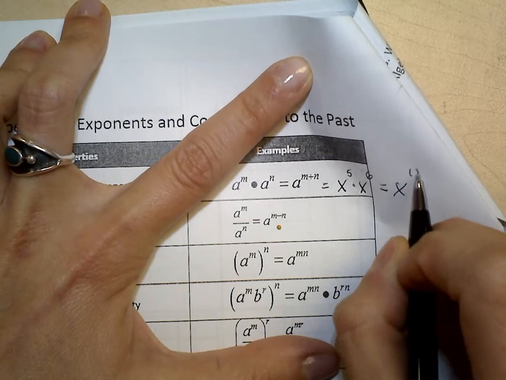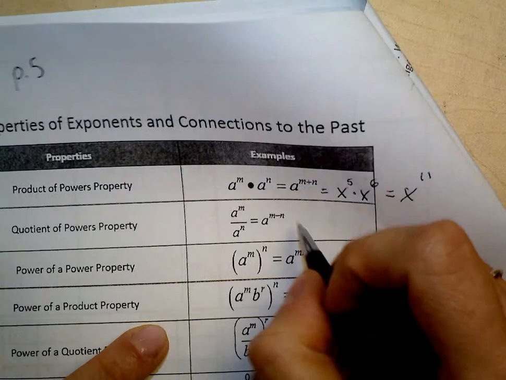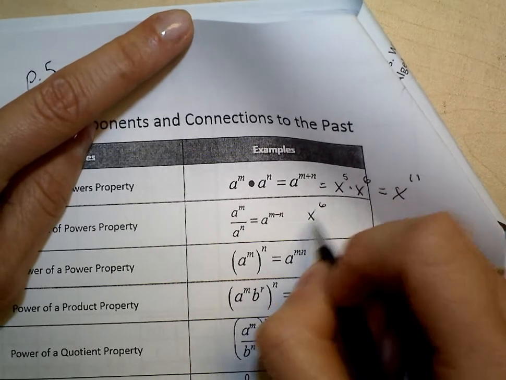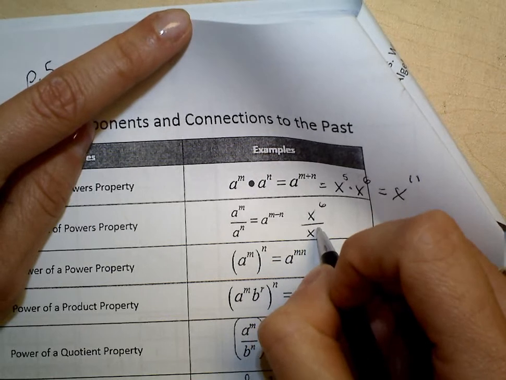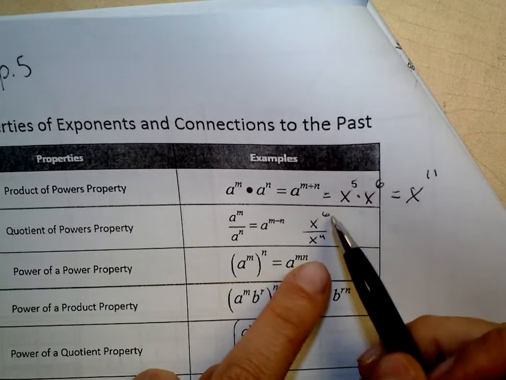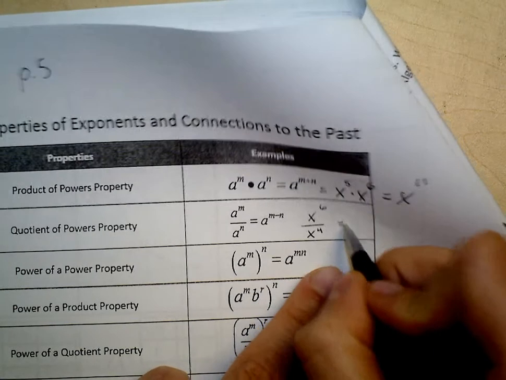Now, if I'm dividing, so if I have x to the 6th divided by x to the 4th, that means I subtract my exponents. 6 minus 4 gives me x squared.